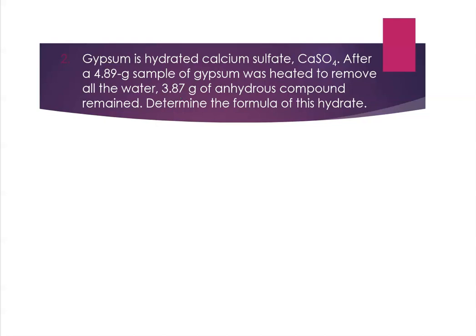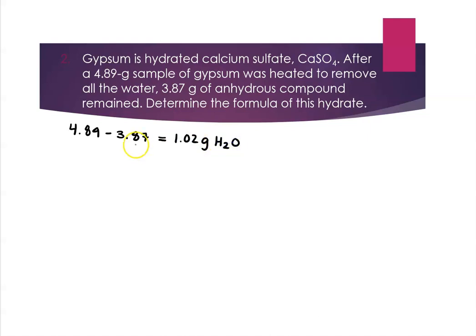So here I know that the anhydrous mass is 3.87, but I don't know the mass of the water. What I do know is the original hydrate mass. So if I have 4.89 grams of hydrate and only 3.87 grams of that is anhydrous, meaning no water, that means that the mass that was lost is going to be the mass of the water.